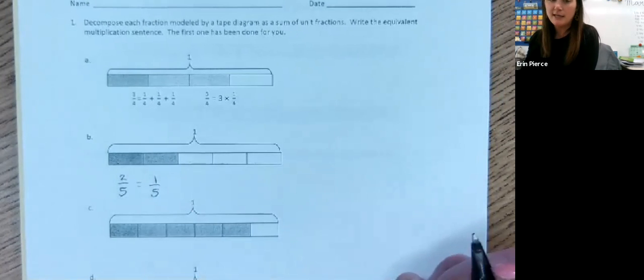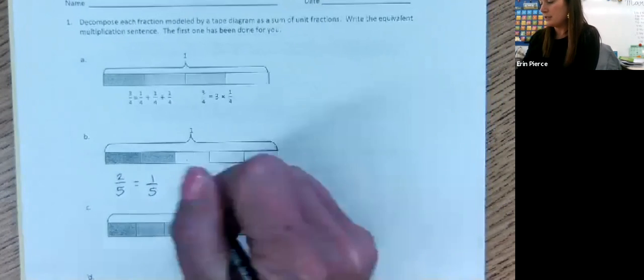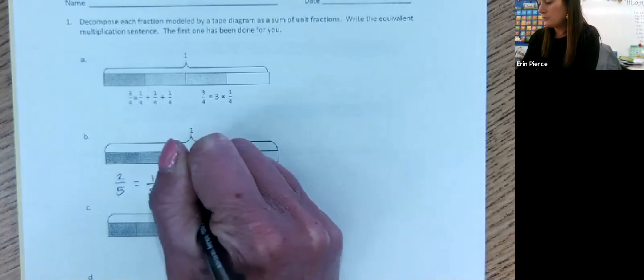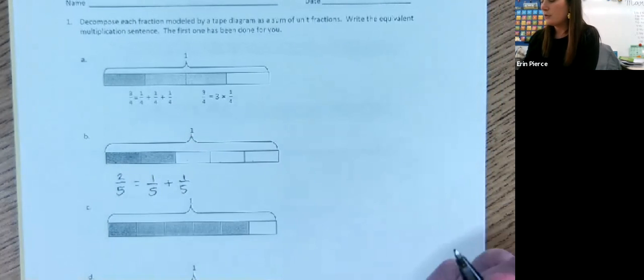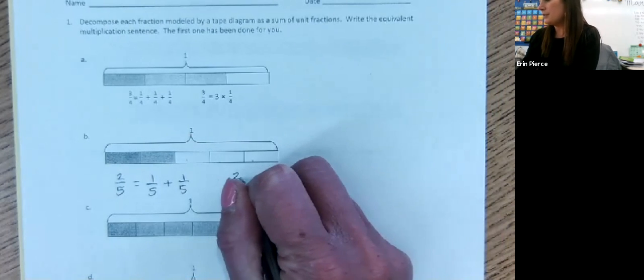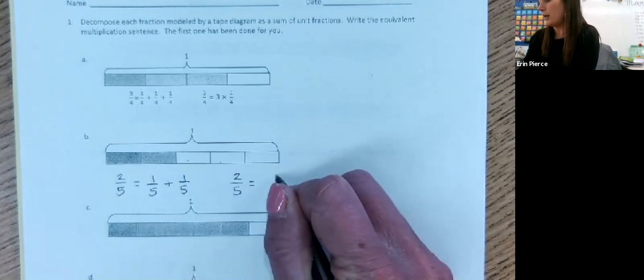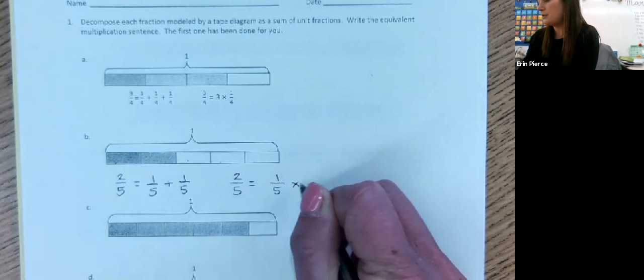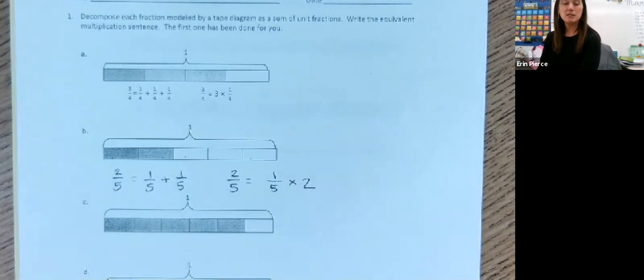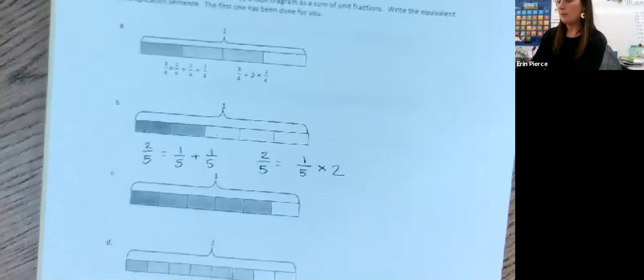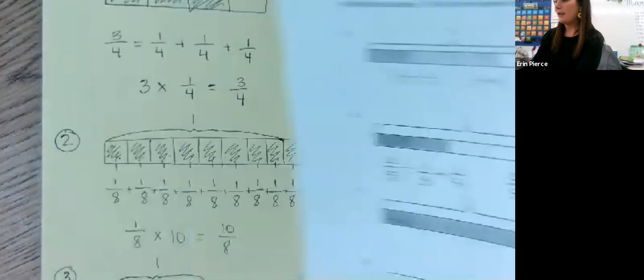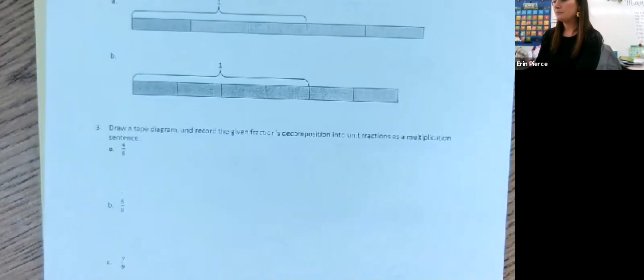How many times do I have to add 1/5 together to get to 2/5? 2 times. So we have 2/5 is equal to 1/5 plus 1/5. It is also a multiplication sentence of 2/5 equals 1/5 times 2. So you are going to do the front and the back.